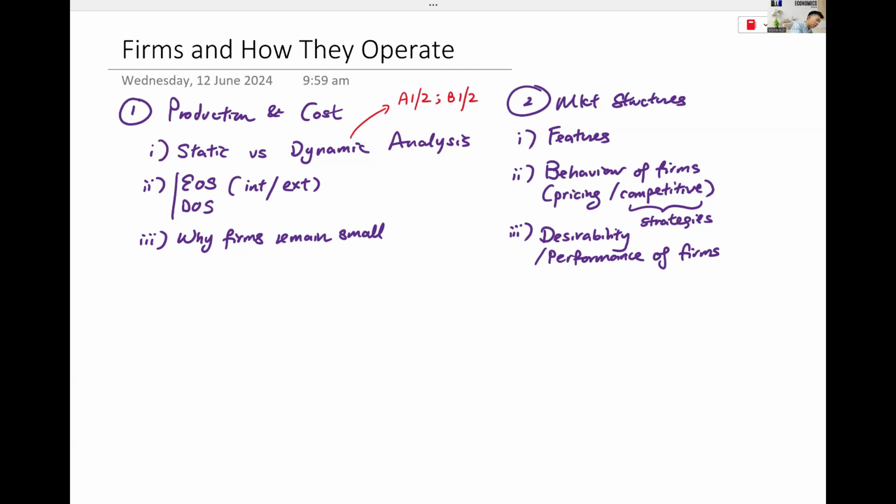Then, when you talk about features, I will share with you another structure. It's called BICEPS. Behavior of firms, pricing behavior. There's a structure. It's 1A, 1B, 2, 3, 4. All these will guide you on how to apply your understanding.